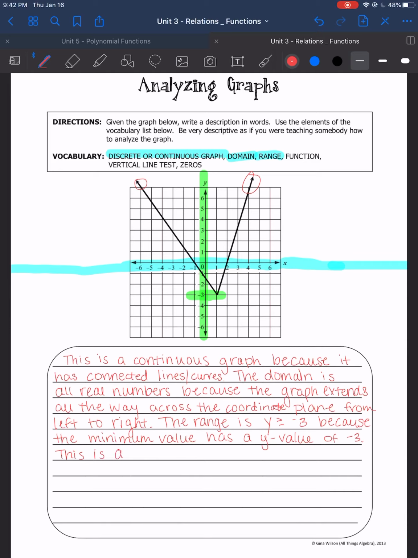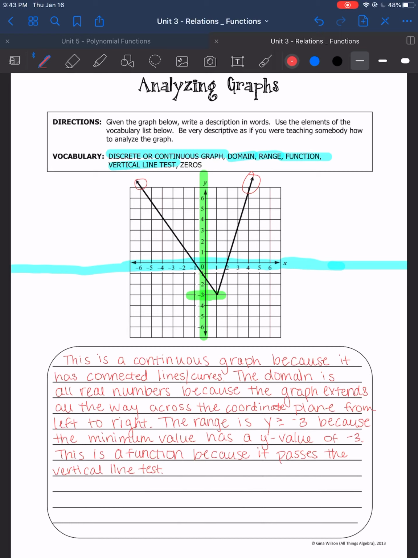This is a function because it passes the vertical line test. So I just crossed off two of my vocab words I wanted to use, function and vertical line test.